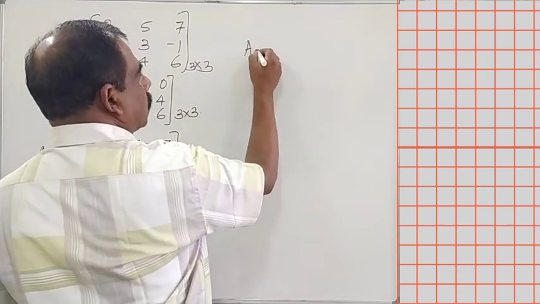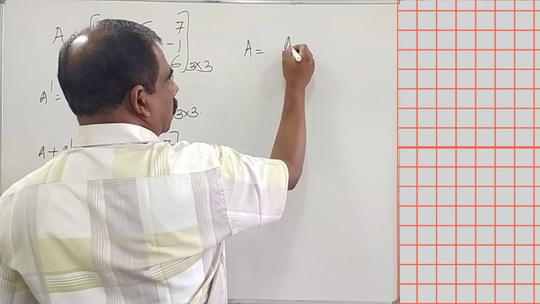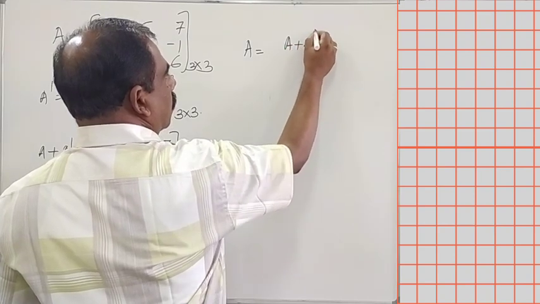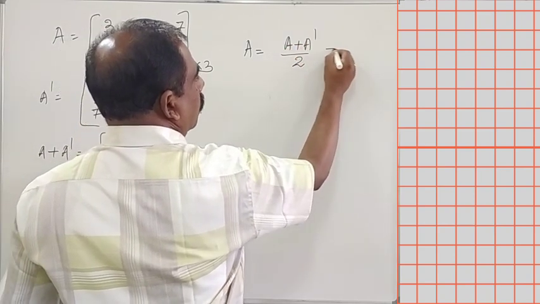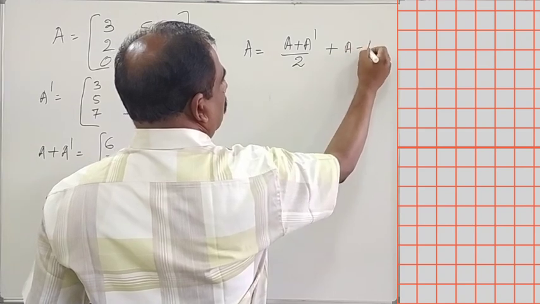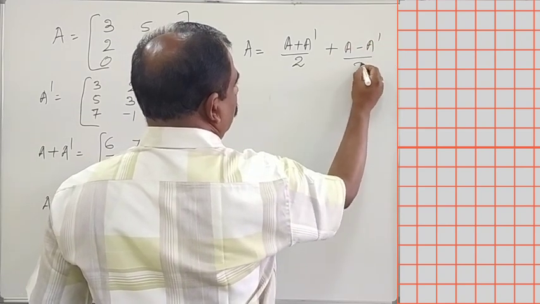Hence, the given matrix A can be written as A plus A transpose divided by 2 plus A minus A transpose divided by 2.